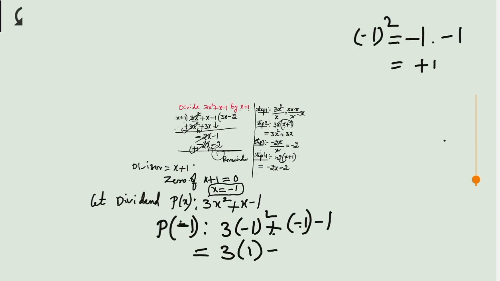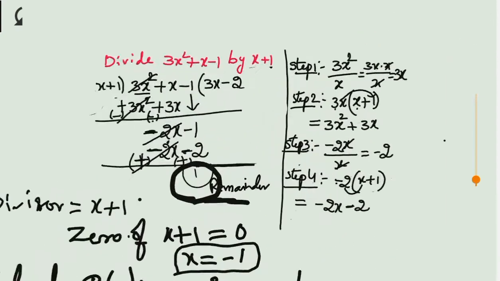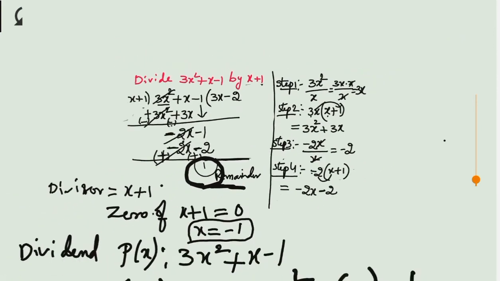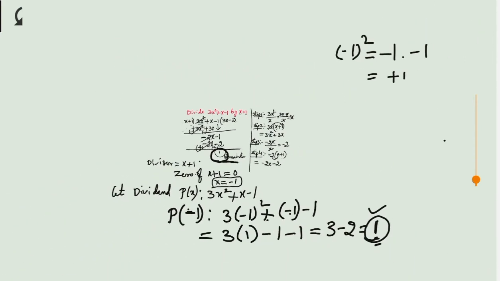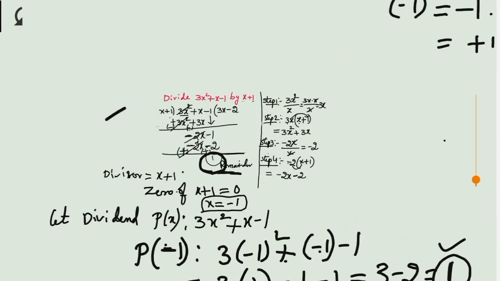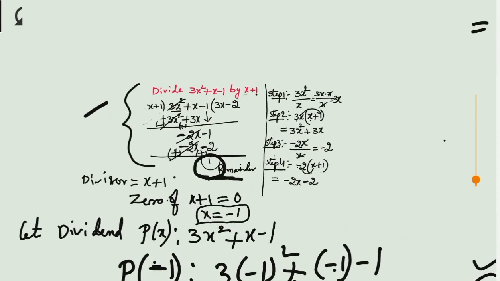Then plus into minus is minus 1, and already minus 1 is there. So 3 ones are 3, minus 2. 3 minus 2 is nothing but 1. This 1 is equal to our remainder 1. So you can find the remainder directly without doing the division. If they ask to find the remainder, you can simply follow this process.